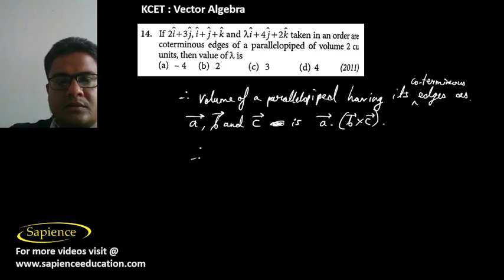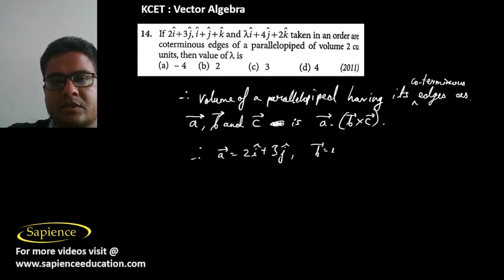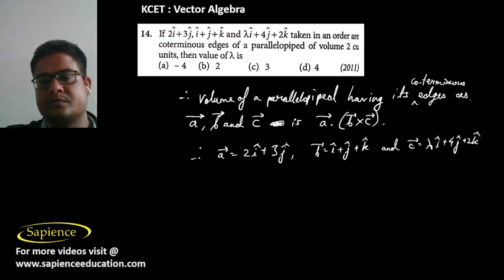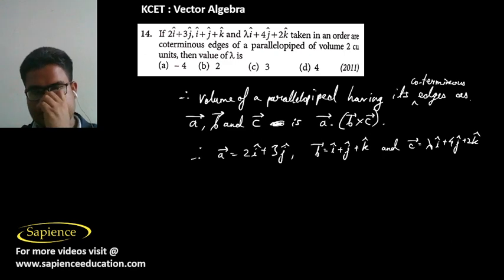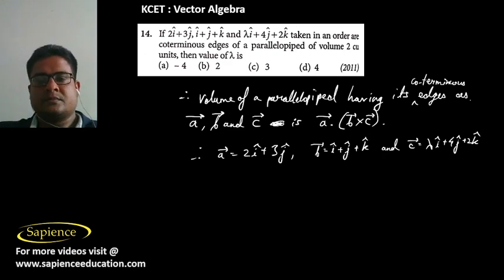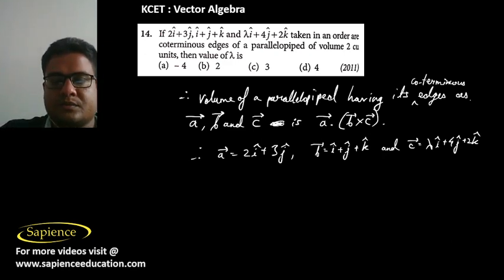So here vector A is given as 2 i cap plus 3 j cap. Vector B is given as i cap plus j cap plus k cap. Vector C is given as lambda i cap plus 4 j cap plus 2 k cap. The volume is 2 cubic units.